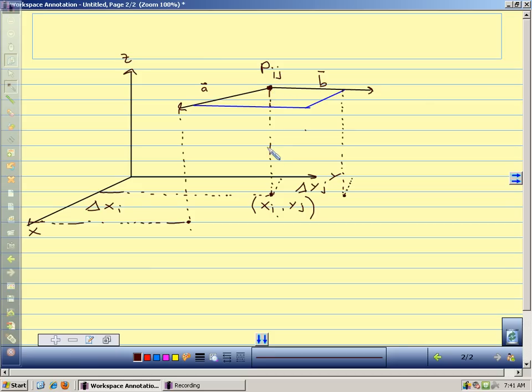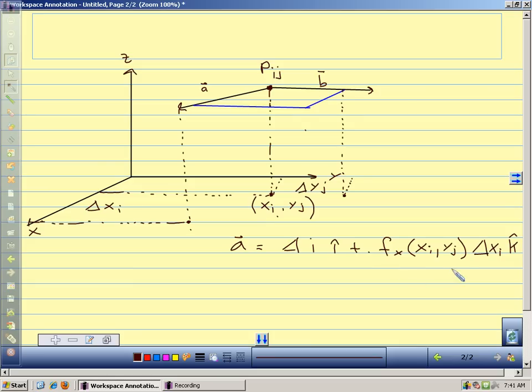And vector A, the components of vector A are delta x sub i times i plus f sub x, the partial with respect to x, at x sub i, y sub j, times delta x sub i in the k direction.